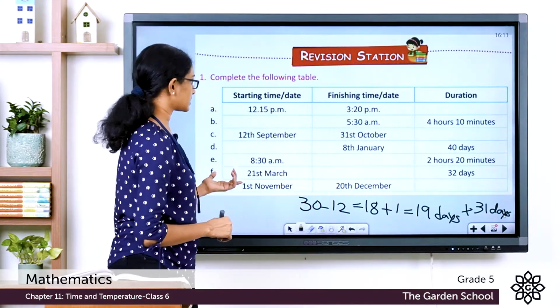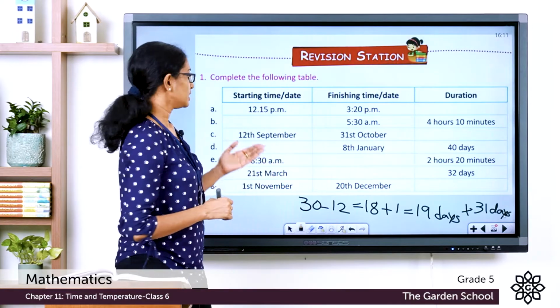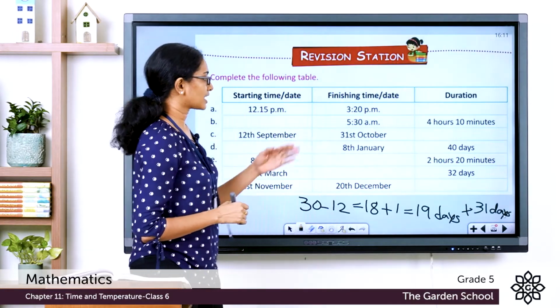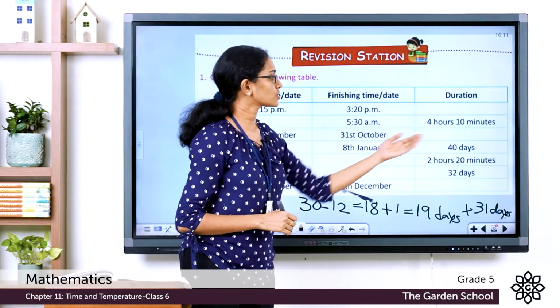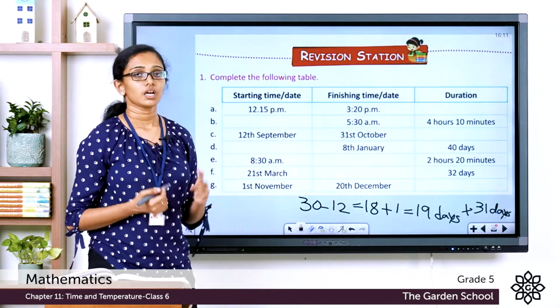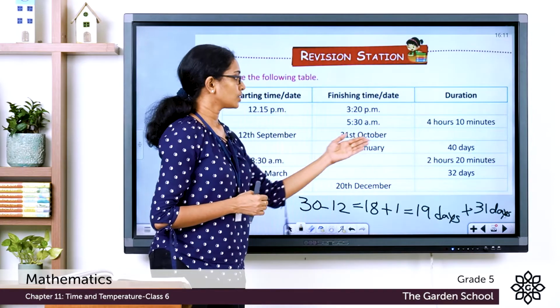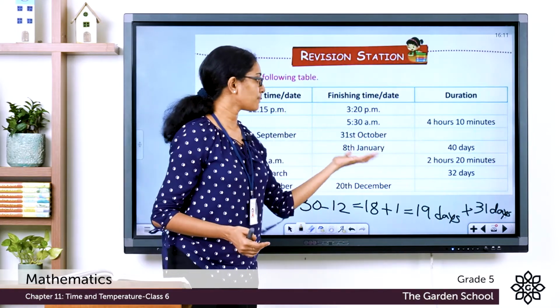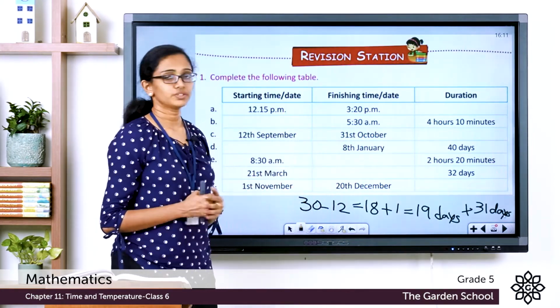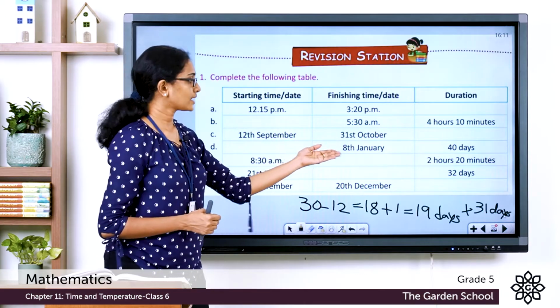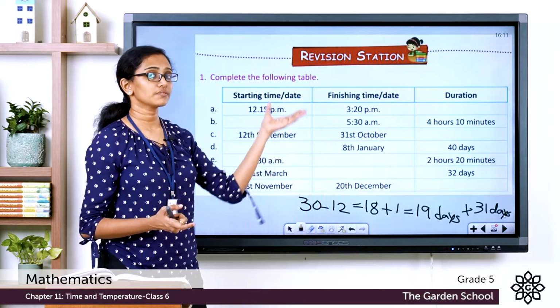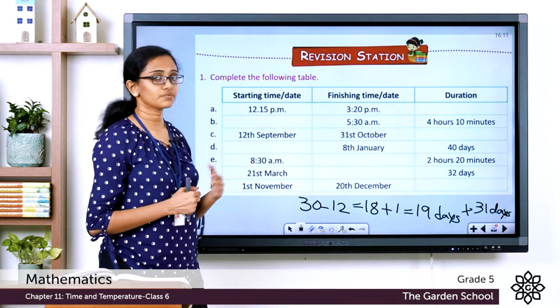Now the next one, question D. You don't have the starting date, but you have the finishing date as 8th January and the duration is given as 40 days. How do you find out the starting date? You have to count 40 days backwards from the 8th of January. 8th of January means you have to consider the first 8 days of the month of January.